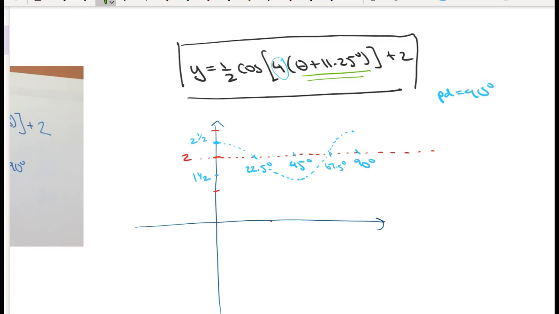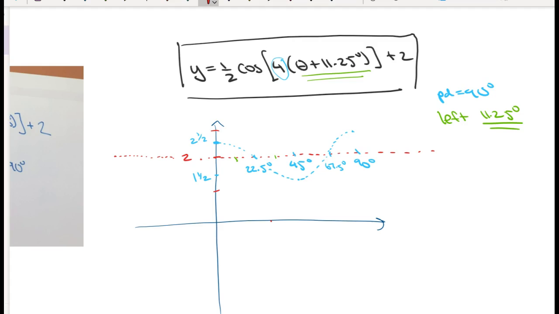All right, now we're going to take care of this horizontal shift. We have to move left 11.25 degrees. Now, what's nice is 11.25 is exactly right here. It's half of 22.5. We have to move left. So just to keep things really orderly and clear, I'm going to extend my axis of the wave here.